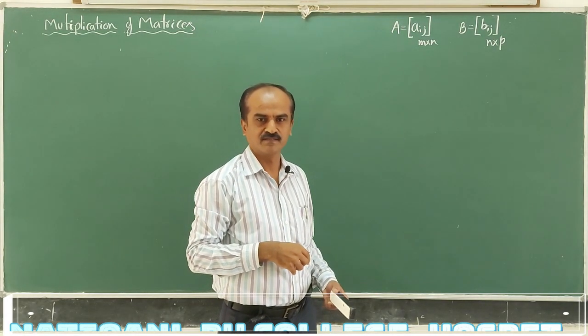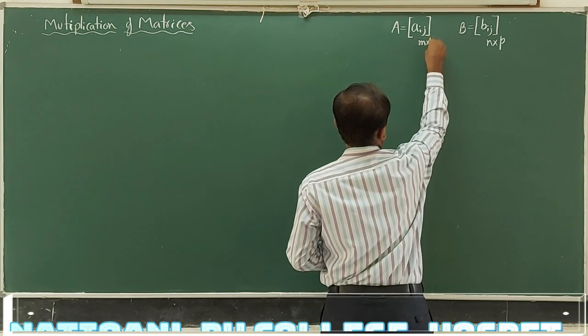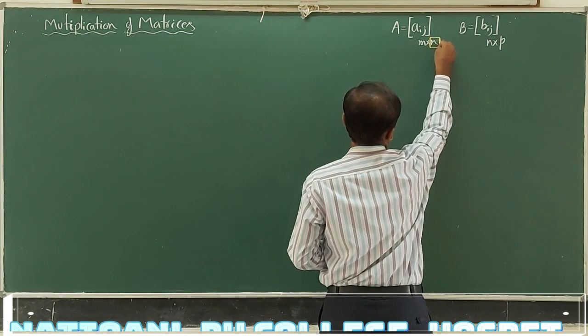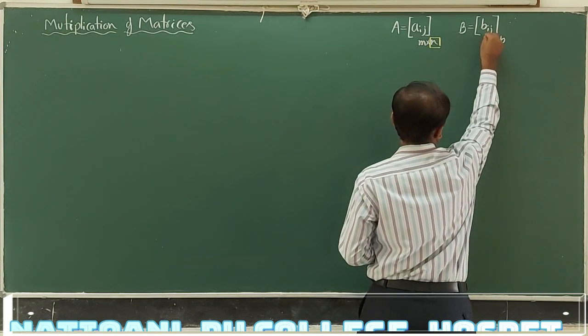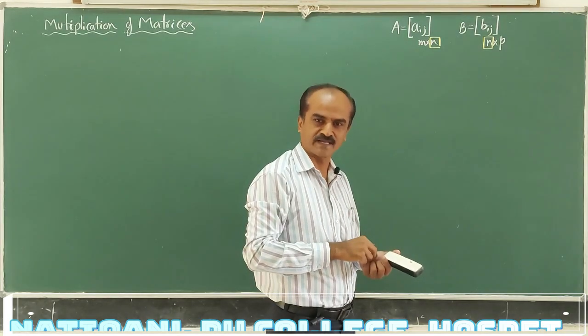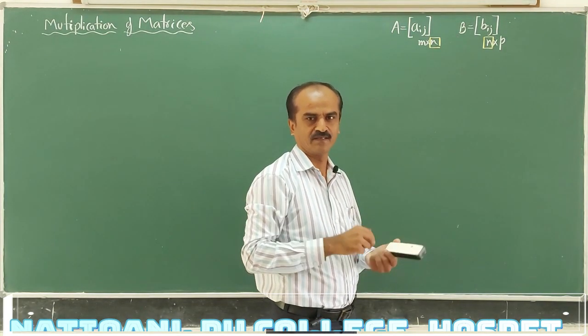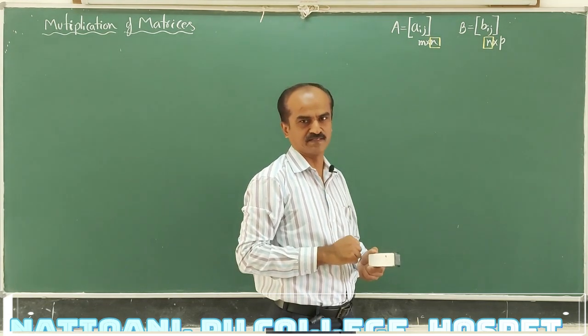Observe here how I considered the number of columns of the first matrix to be the same as the number of rows of the second matrix. So the product is defined. We can multiply these two matrices.